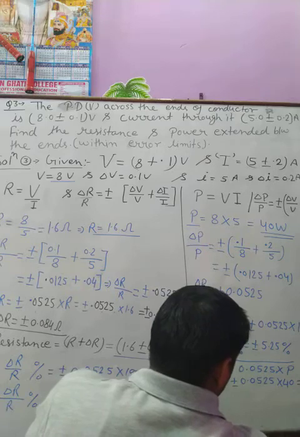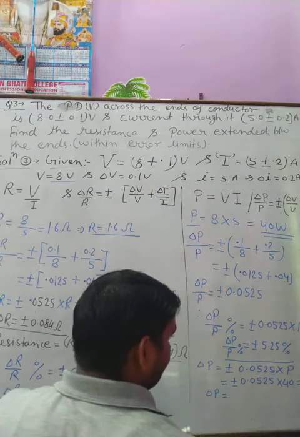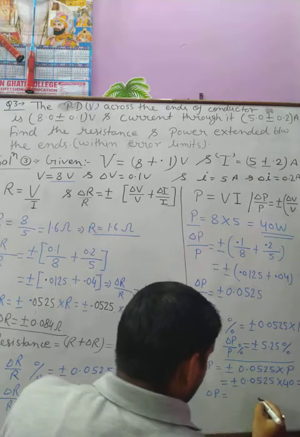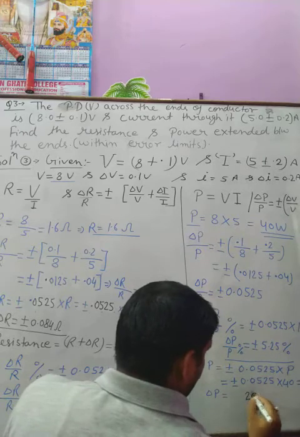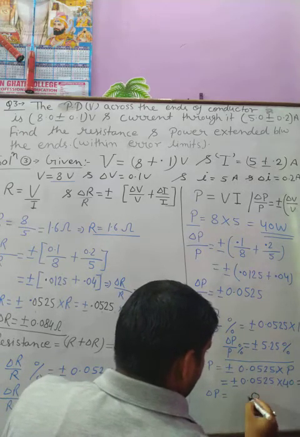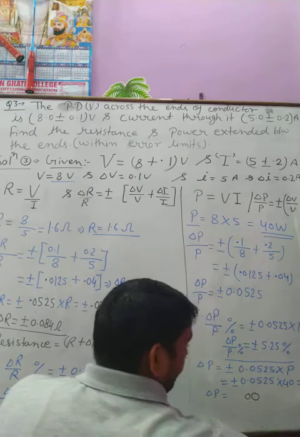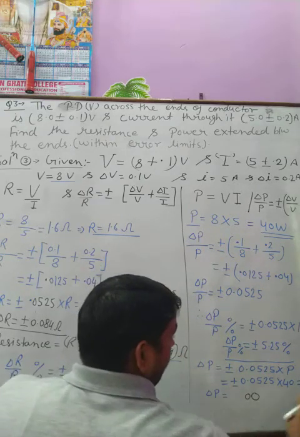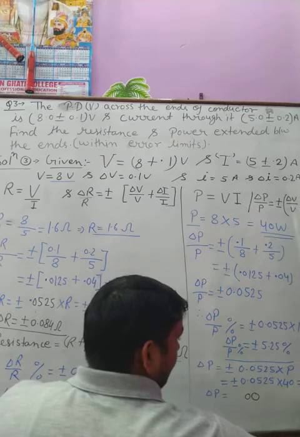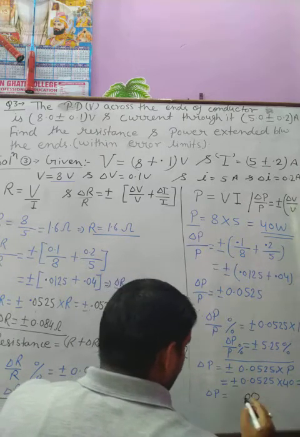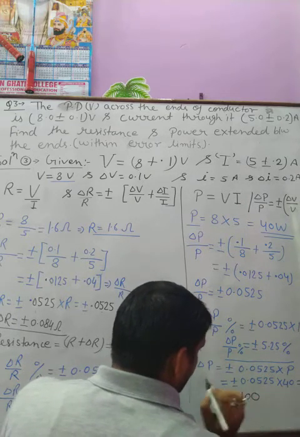Okay, now student we have plus minus 0.525 into 4. So this del P we get 2.1.